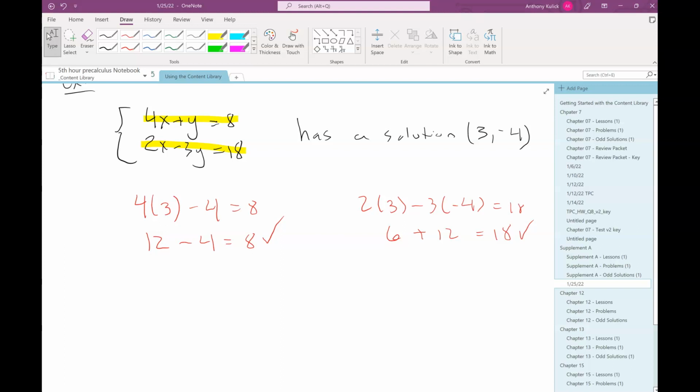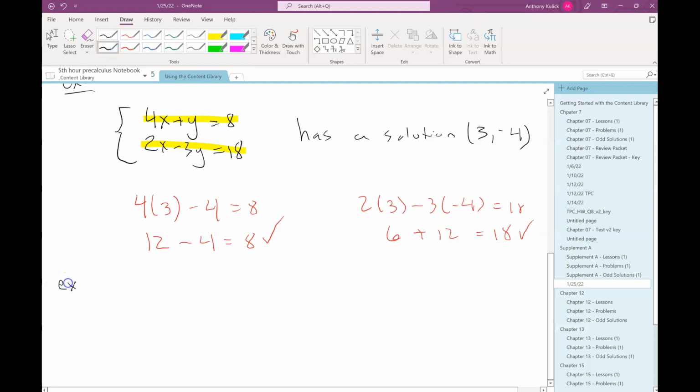And if our solution satisfies both equations, that means that solution has to be a point on both lines, which means that the places where the two lines intersect would represent our solutions.